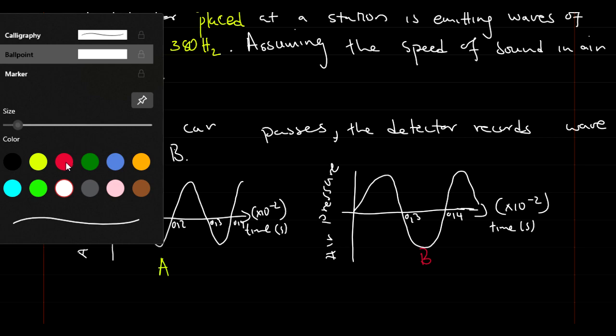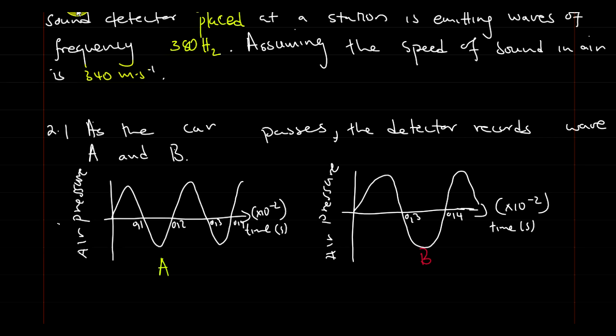Remember that as the sound source is moving away from a detector or an observer, the frequency that will be observed will be less than the frequency of the waves emitted by the sound source. So we are looking for a graph which shows a low frequency.